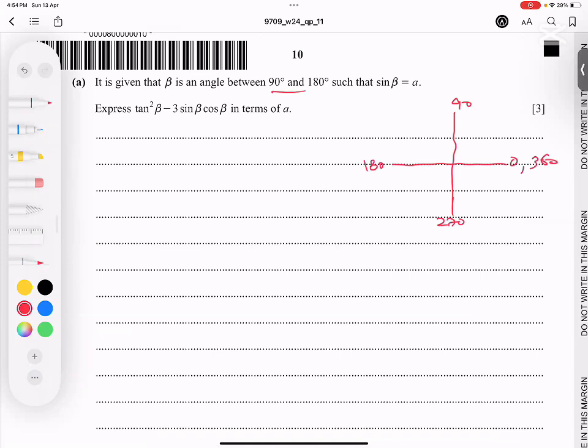So he talks about the second quadrant because 90 to 180 is the second quadrant. And sine beta is equal to A. And you know that in the second quadrant, we always have sine positive, cos negative and tan negative. So make sure about it.